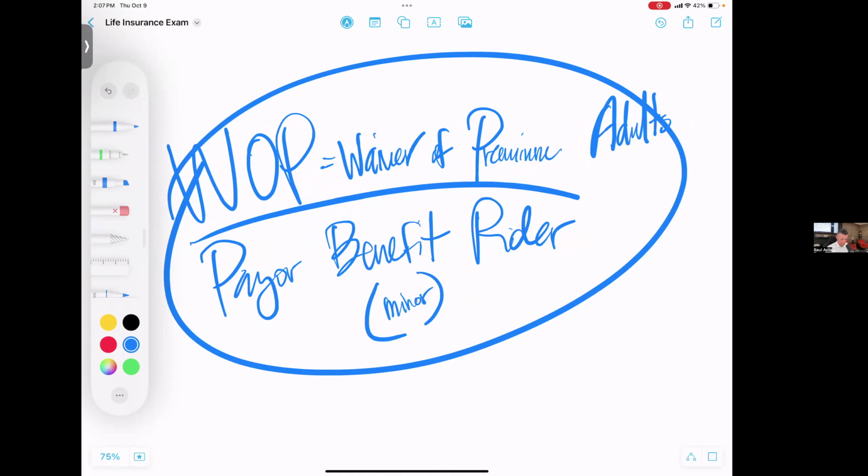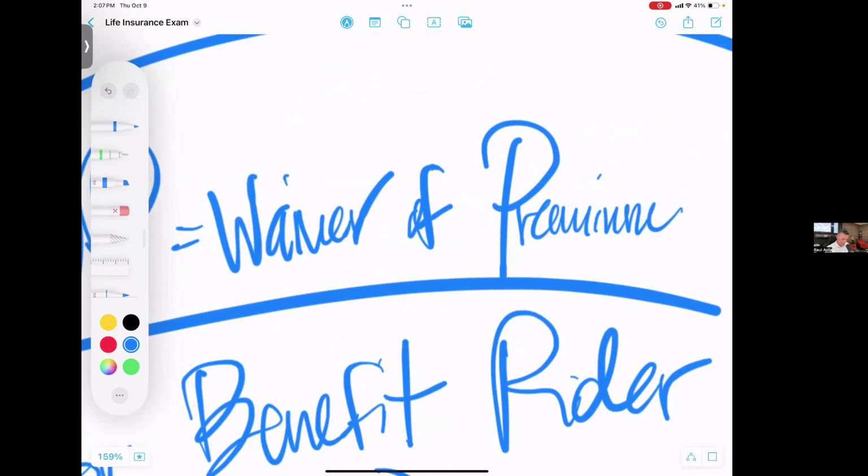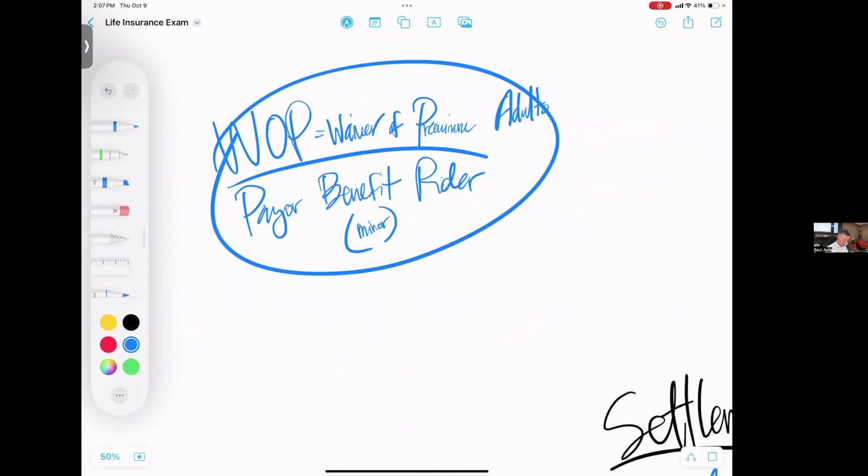Got it? Yeah. So how does this work? This waives a premium for as long as I'm on what? So this is a disability thing. Disability. The disability has to be for 6 months.